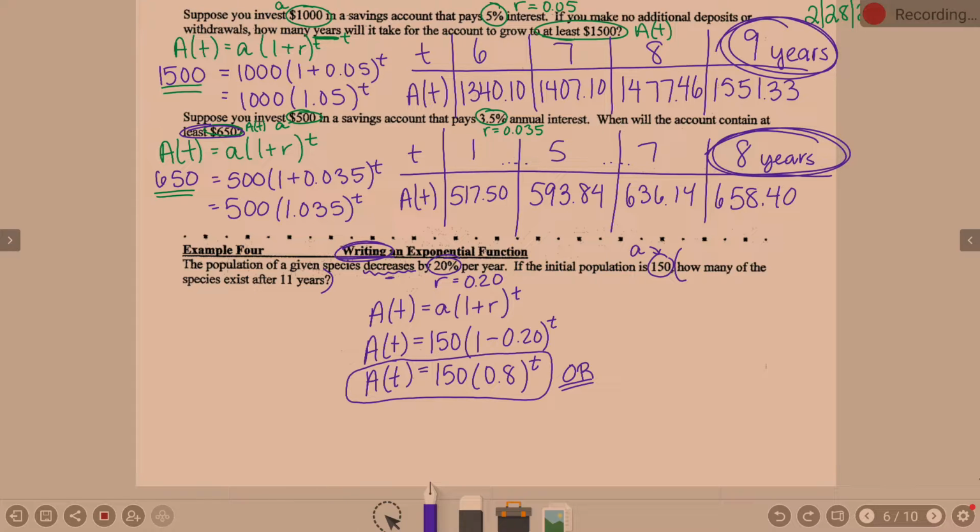You could also write this with x and y. Remember how we started off this chapter with y equals a times b to the x? You could also write it of the form y equals 150 times 0.8 to the power of x. That's equally correct. There's nothing that says what variables you have to use. So whether you use x and y or t and A of t.